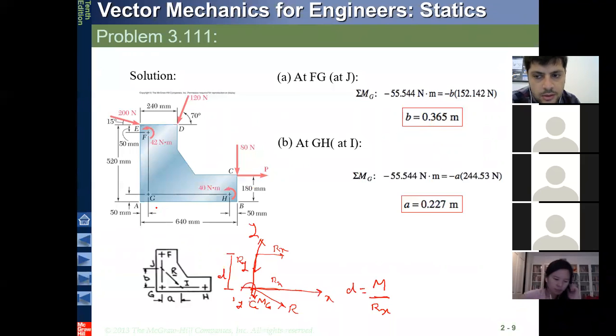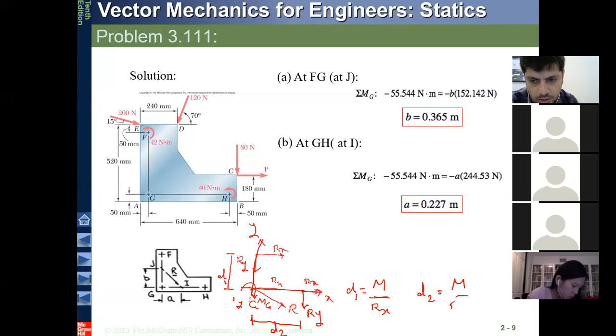And on the GH line, we're going to displace the resultant force over here. This time, let's call it D1, and this is D2. This time D2 is equal to M over R of Y, because R of X is not exerting any moment.